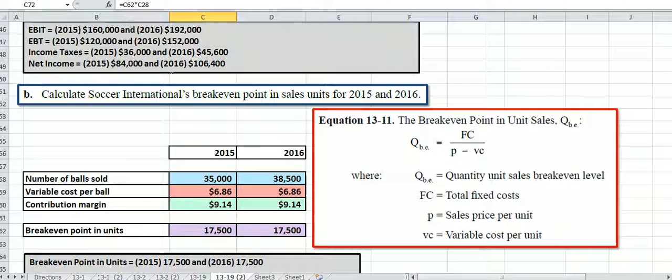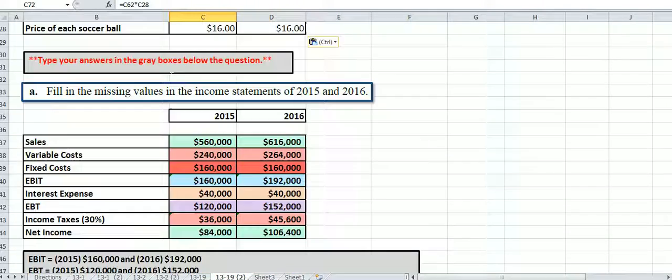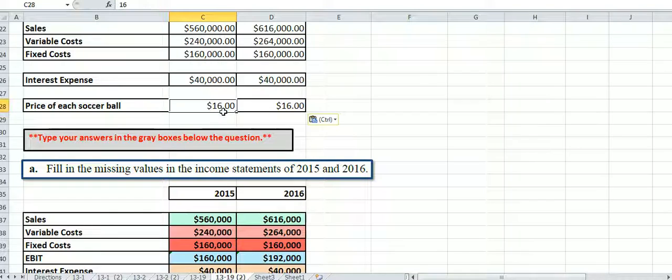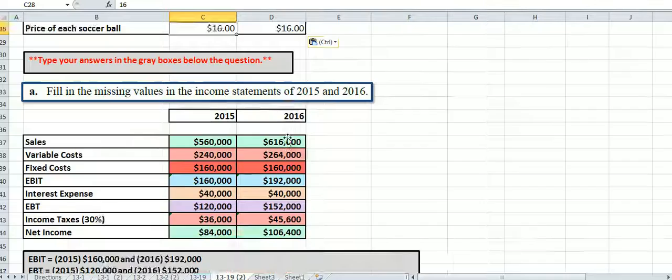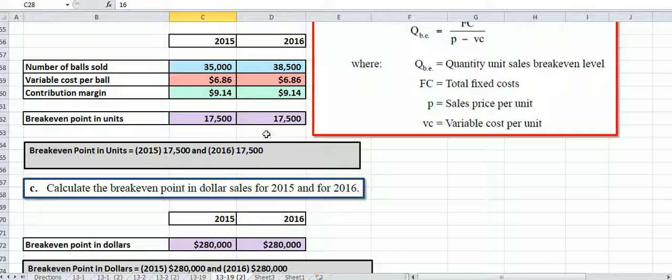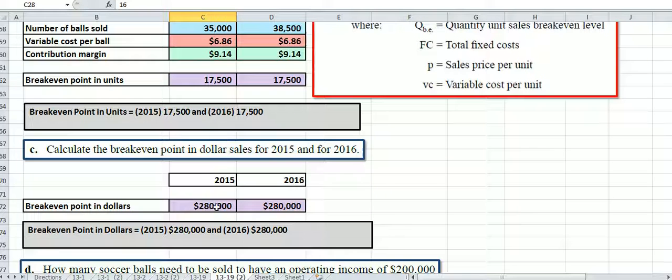Let's go back up here. The price, which is way up here, yeah, right here. So the break-even point in dollars is simply the units sold times the price. And since the price didn't change from 2015 to 2016, that's also going to be the same.